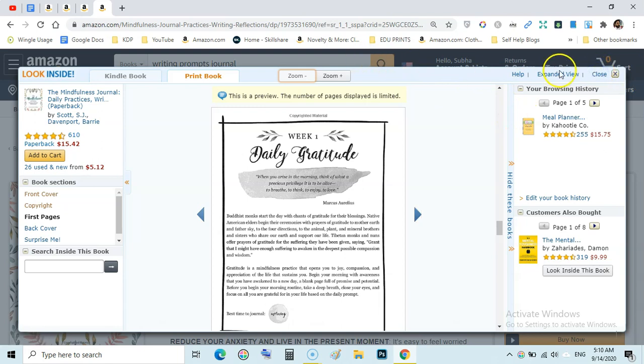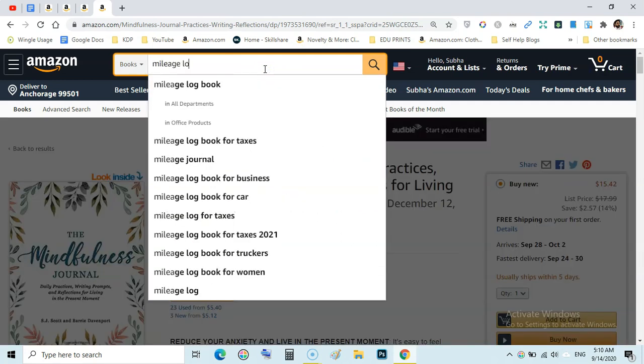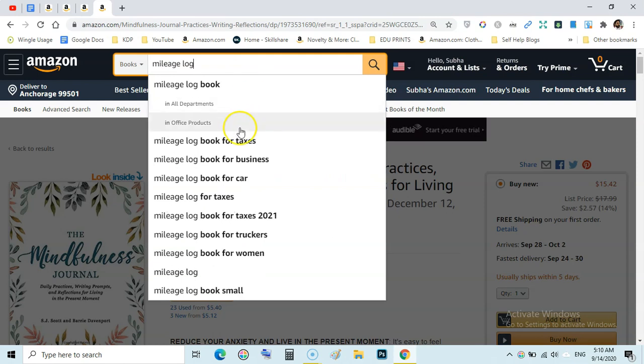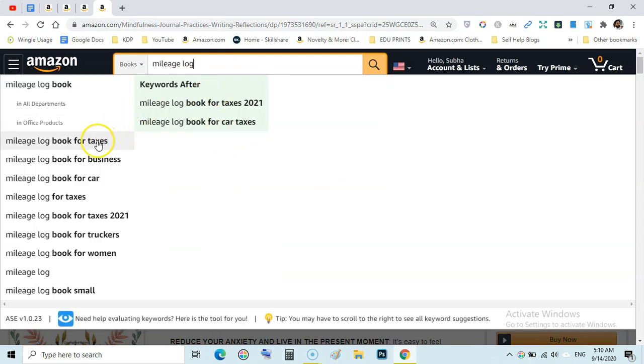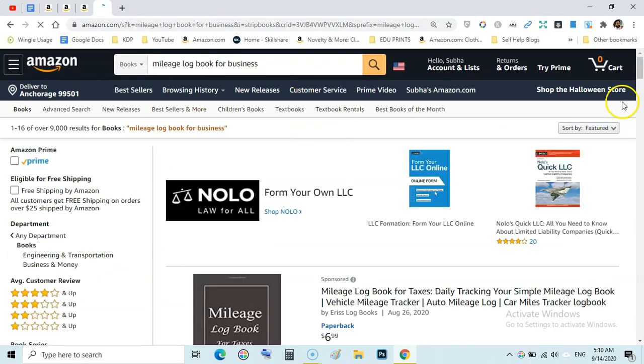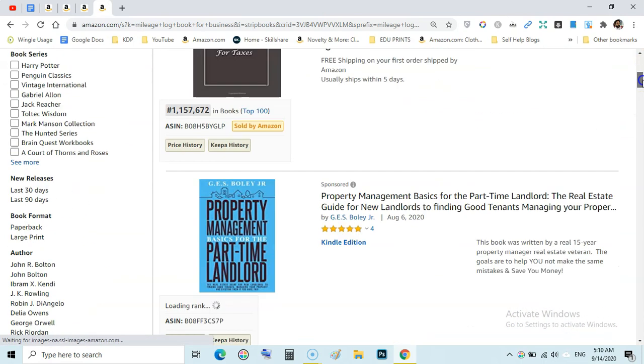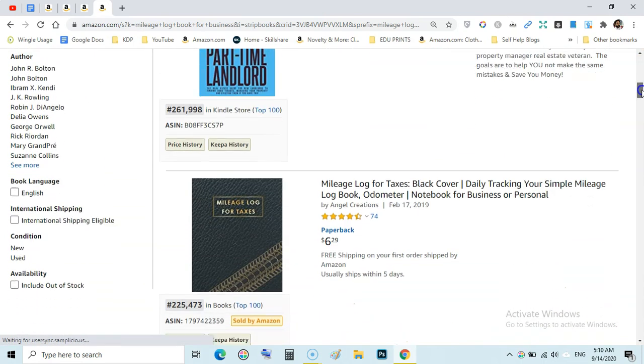You can also have a look at some sort of logbook, like a mileage logbook for taxes for business, and we will have a look inside to see. This is a sponsored ad, and this is also a sponsored ad.